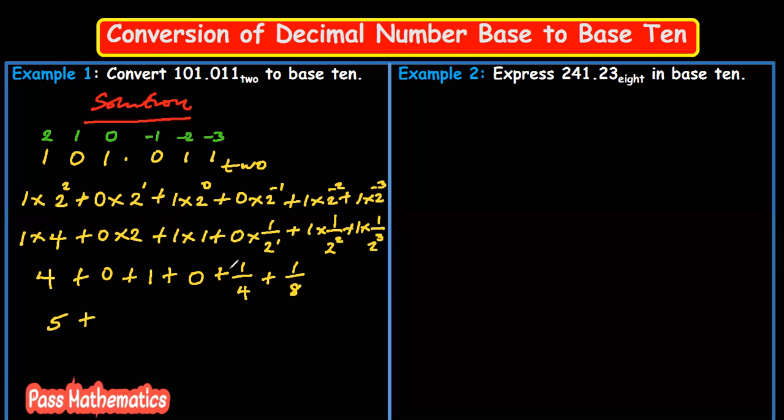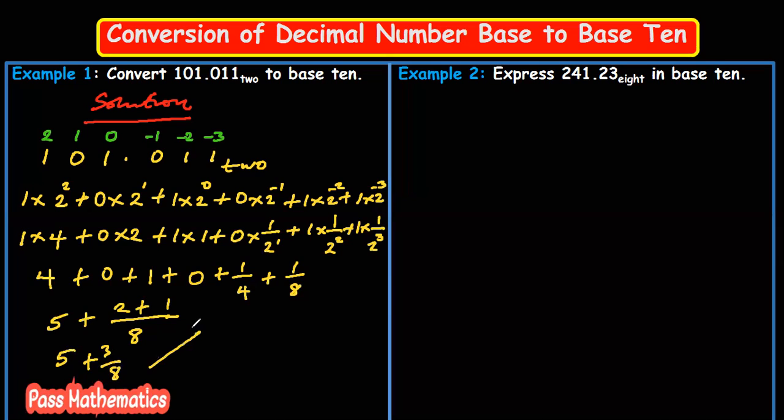So we are going to take the LCM of this. The LCM will simplify. It's going to be 8. 8 divided by 4 is 2, 2 times 1 is 2, plus 8 divided by 8 is 1, 1 times 1 is 1. So we are now having 5 plus 3 over 8.